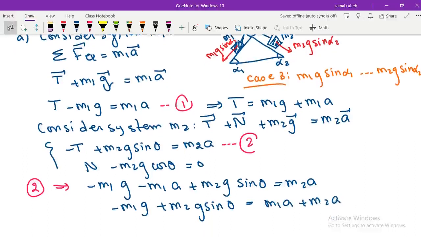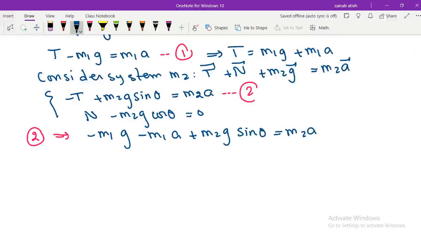Now I will take A common. Minus M1G plus M2G sin theta equals (M1 plus M2) A. And now we can find the acceleration.